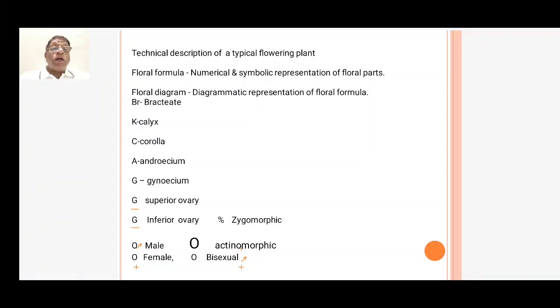Corolla: how many petals are there, what is the color, whether they are free or fused. Then we study the androecium, the male reproductive whorl. Under androecium, we study the stamens.